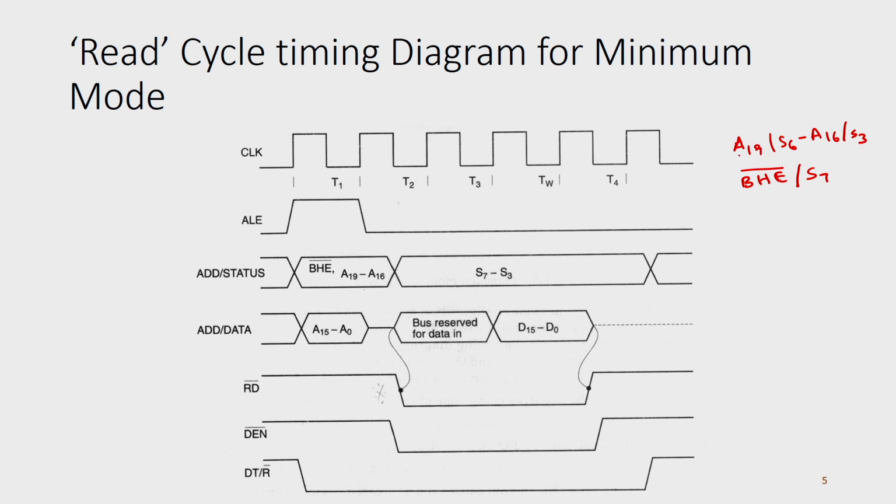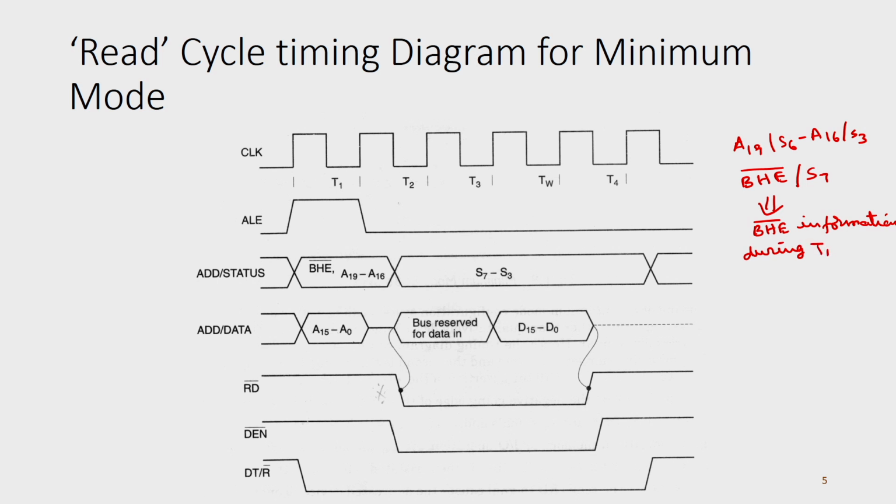So, this multiplexed bus carries the address during the first clock cycle. You see here, in the first clock cycle, A19 to A16. Similarly, BHE bar by S7 is also a multiplexed signal. It will carry BHE bar information during T1 and, in subsequent clock cycles, S7.